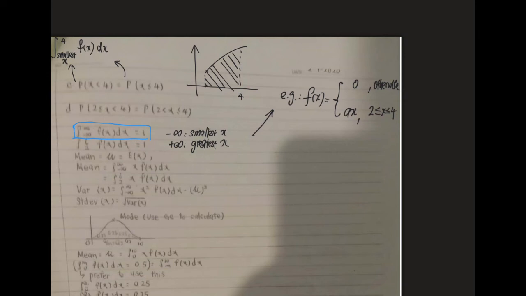So if you want to use this formula, you can use it to find the A, the unknown here. So how?